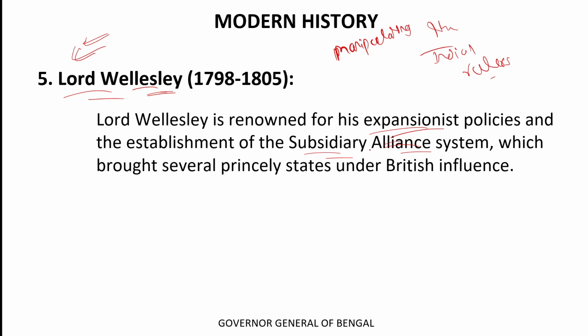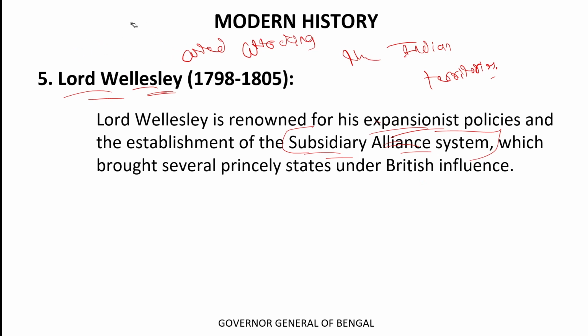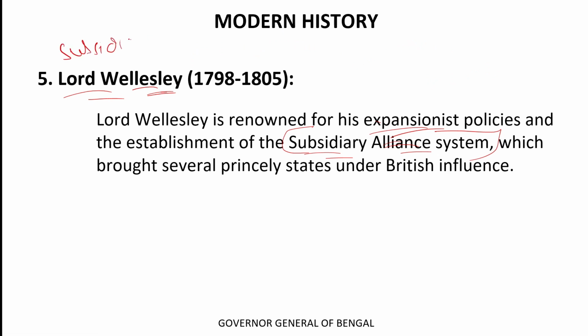And how he was working is very important. Basically, first he started attacking the Indian territories. And when he had acquired a large number of territories, then he introduced the subsidiary alliance system. And what was it? I've told you in short what you mean by the subsidiary alliance.